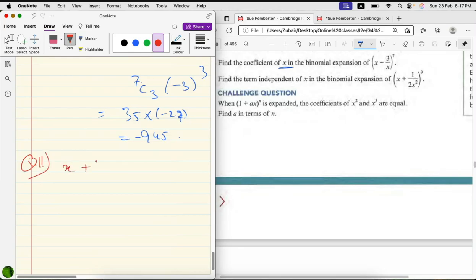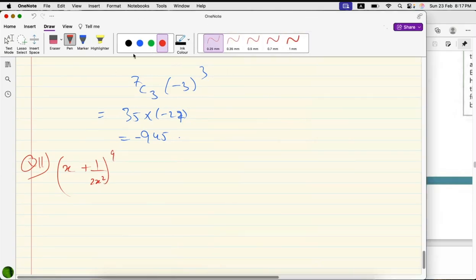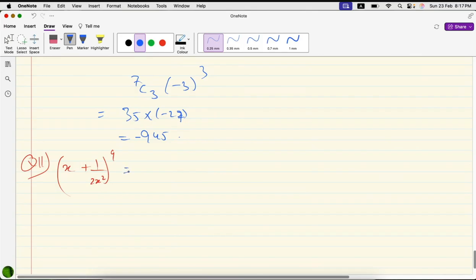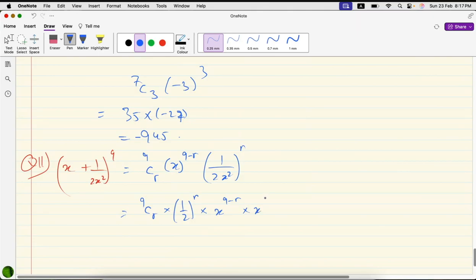Now we have to find the term independent of x. That means x raised to power 0. Question 11 is x plus 1 over 2x squared raised to power 9. First we write it in generic form, 9cr a 9 minus r b power r. I'm separating the constants, multiplied by 1 over 2 raised to power r, and the variables x raised to power 9 minus r into x raised to power minus 2r. So x raised to power 9 minus 3r should be equal to x raised to power 0.